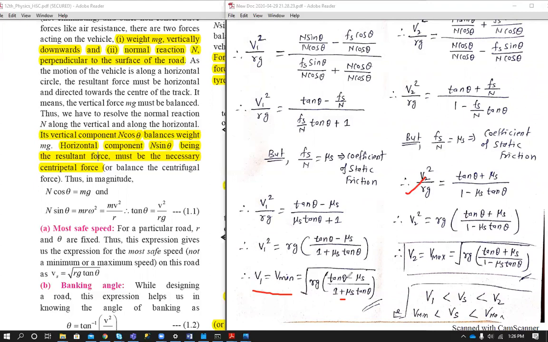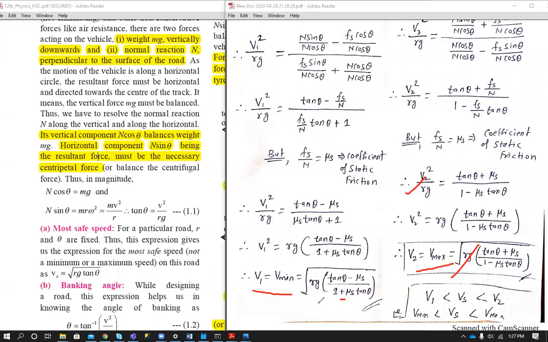In case of a ratio, the ratio is greater than 1 when the denominator is less than the numerator; in this case we are adding in the numerator and subtracting in the denominator. So the numerator is greater than the denominator, that's why we are going to get a maximum speed.